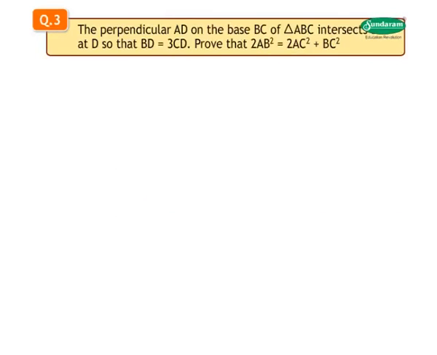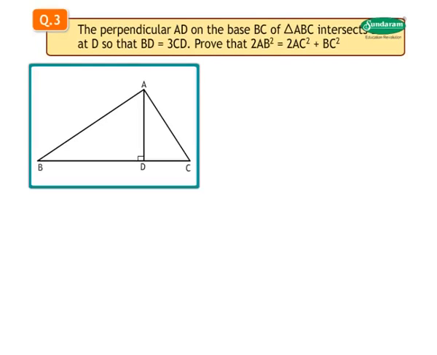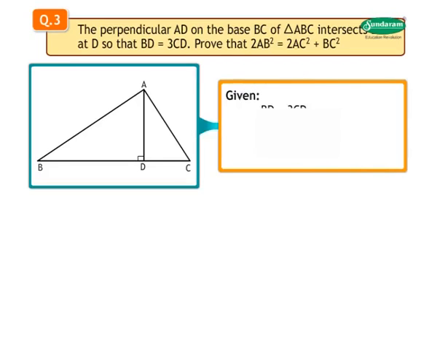Question 3. The perpendicular AD on the base BC of triangle ABC intersects BC at D so that BD is equal to 3CD. Prove that 2AB square is equal to 2AC square plus BC square. Given BD is equal to 3 times CD.